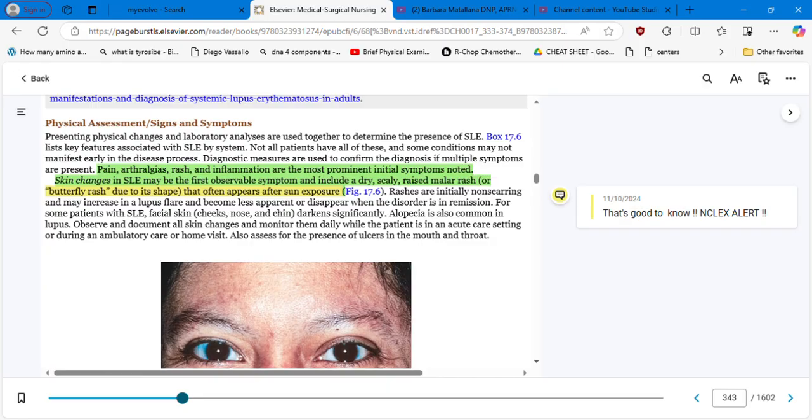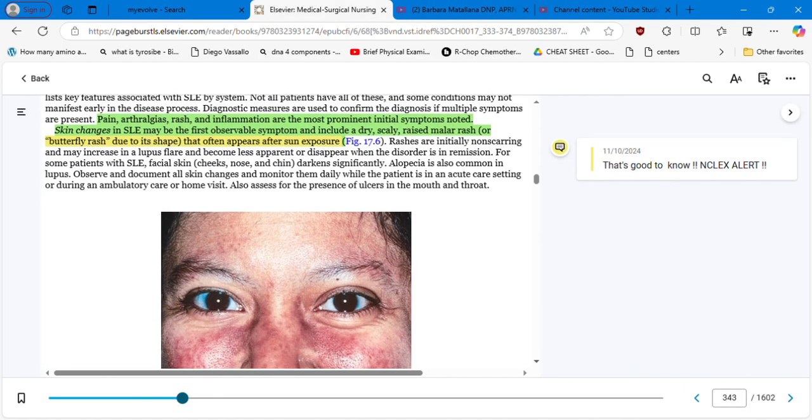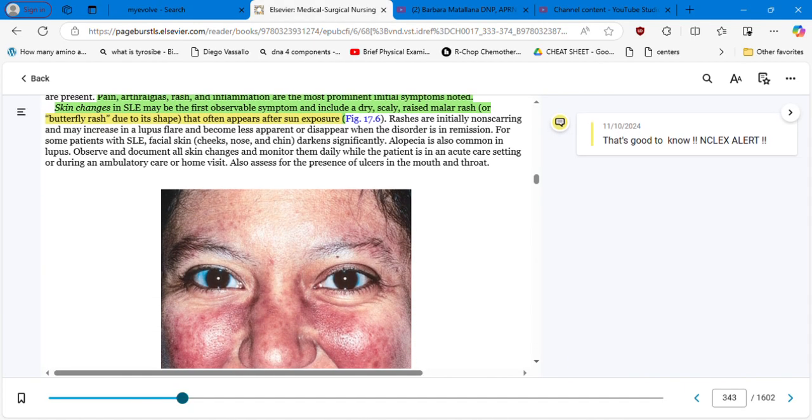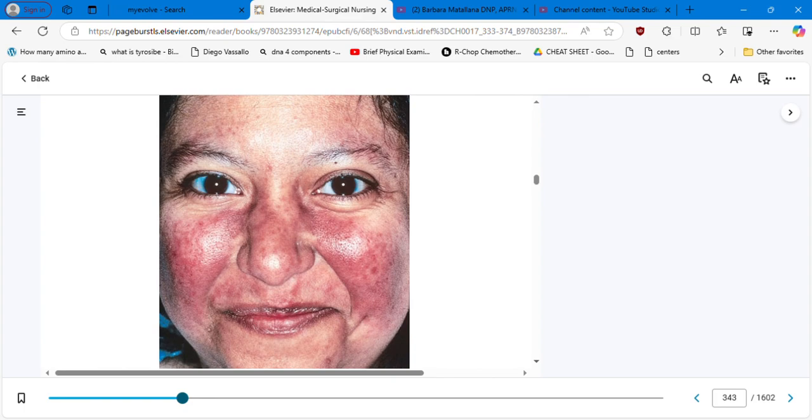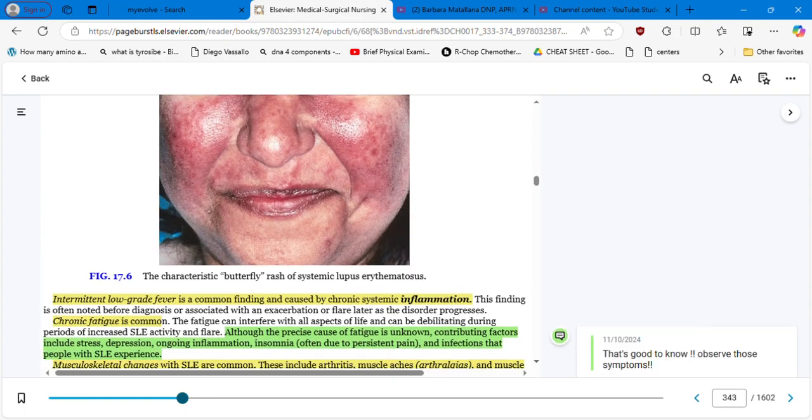Skin changes in SLE may be the first observable symptoms and include a dry, scaly, raised malar rash or your butterfly rash, okay? This is happening after sun exposure, and this is good to know. NCLEX alert, this is the rash, butterfly, okay, after sun exposure.